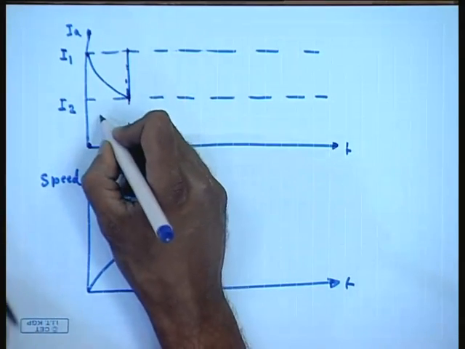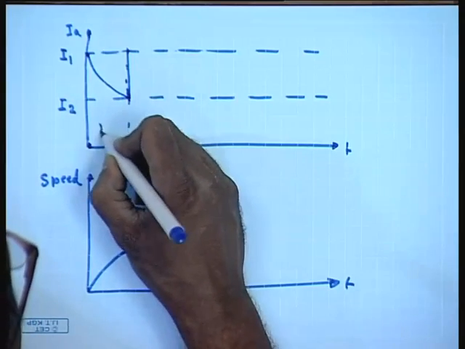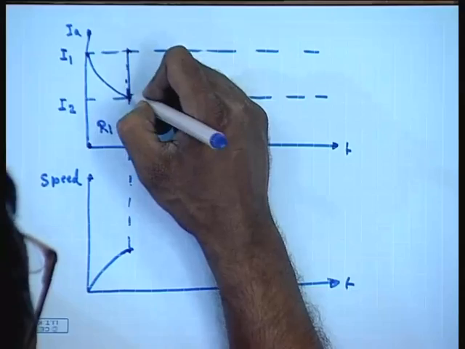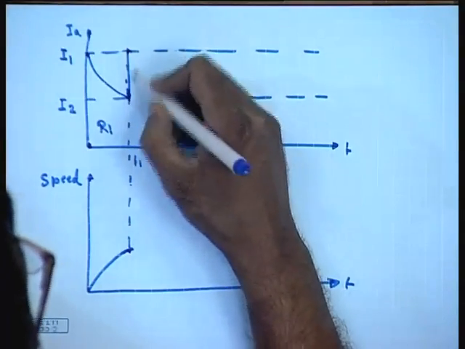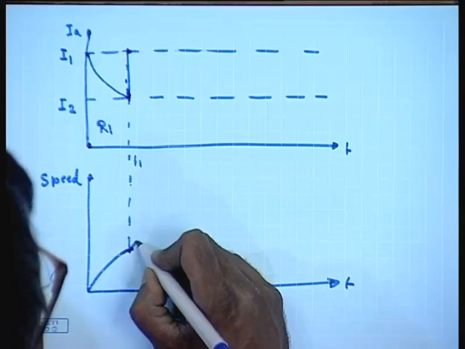So, here the total armature circuit resistance was R1. As soon as C1 closes, the current again jumps back to I1 and starts acceleration again.